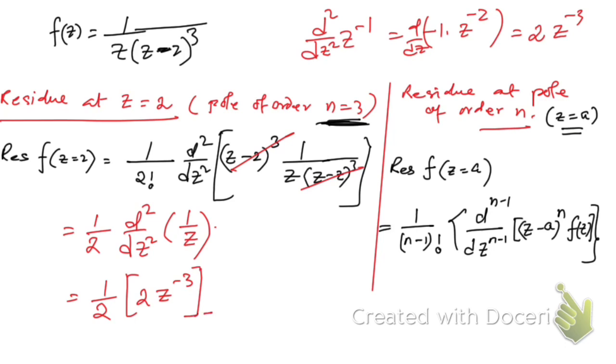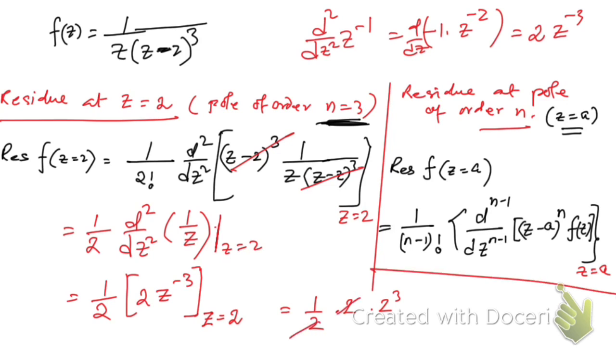We are going to obtain the residue at z is equal to 2, so we have to put z is equal to a, which is 2 in this case, right? So let me simplify this. 1 by 2 and 2 into z to the power minus 3 means 2 to the power minus 3 in this case, and the 2 cancels.